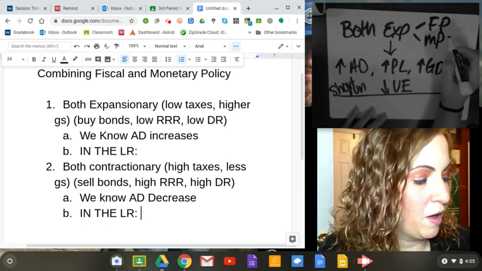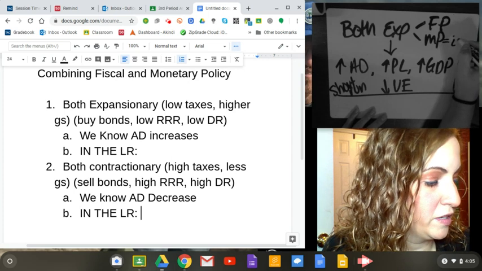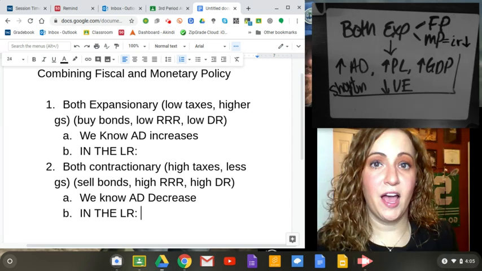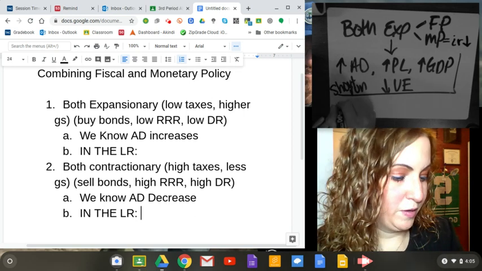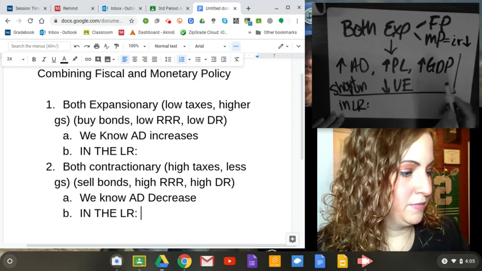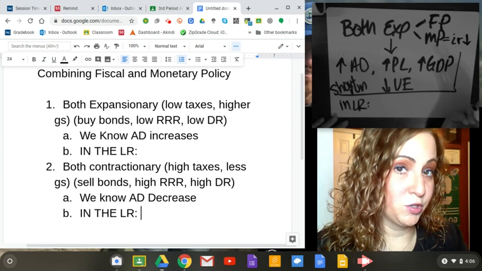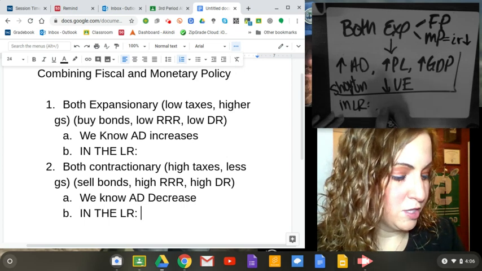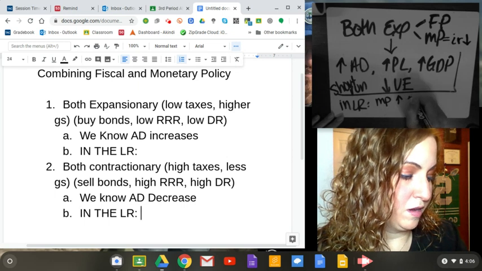Because expansionary monetary policy lowers the interest rate: it increases the money supply, the money supply shifts to the right, and interest rates fall. And we know that in the long run, low interest rates grow the economy. So in the long run, expansionary monetary policy grows the economy.